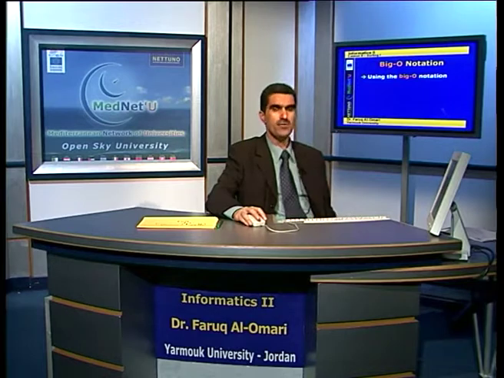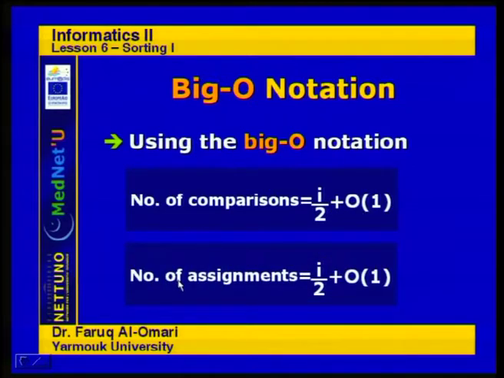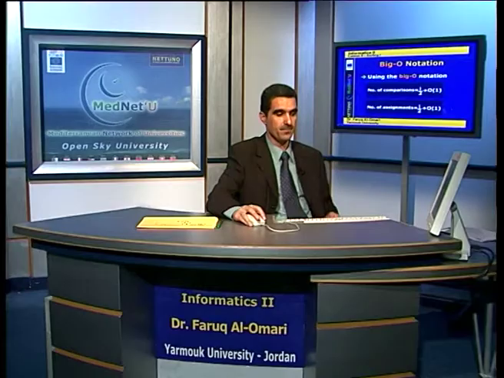If I want to use the big O notation to express the number of comparisons, the major factor is I over 2 plus order of 1, order of constant. And the number of assignments is again I over 2 plus order of constant. This is the major driving factor in the expression which we just derived. Okay?